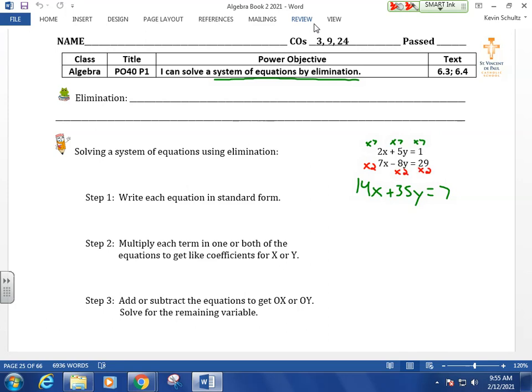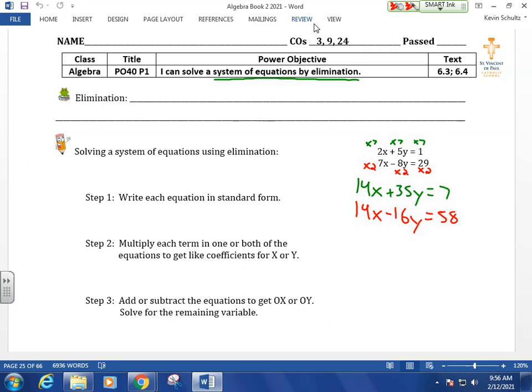And the reason I'm doing this now is, remember, I want to get that coefficient to my x term the same. We chose 14 because it's the least common multiple of 2 and 7, and to get there, I had to multiply the top equation, everything by 7, the bottom equation, everything by 2. And that gives me 14x, 2 times 7, minus 16y, negative 8 times 2, equaling 58, 29 times 2.